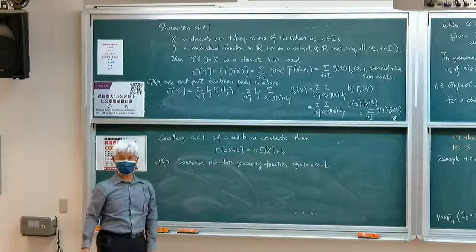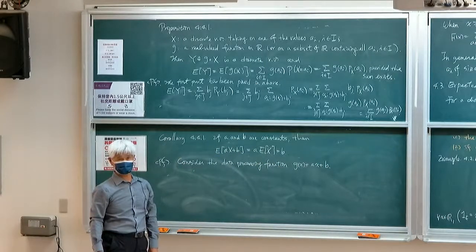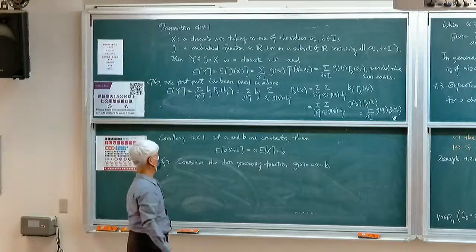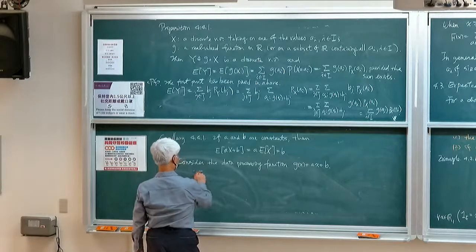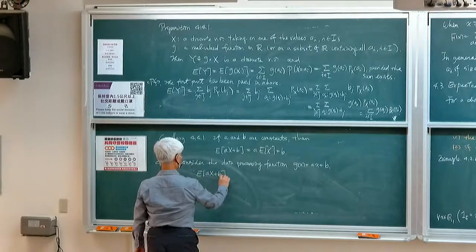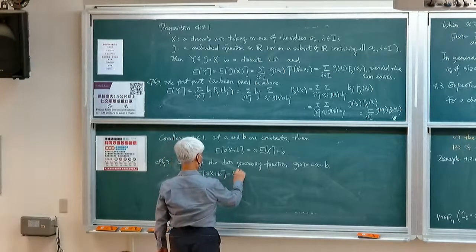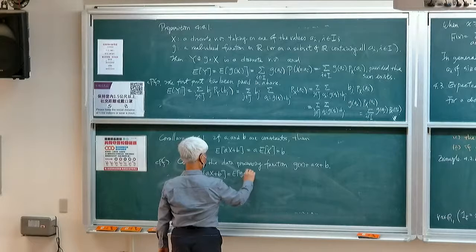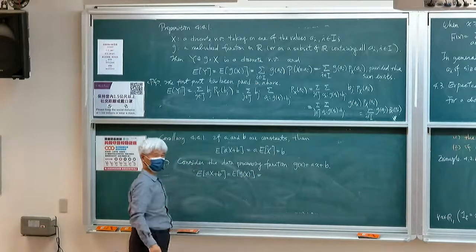So g of x is the data processing function, and the expectation of g of x, right?